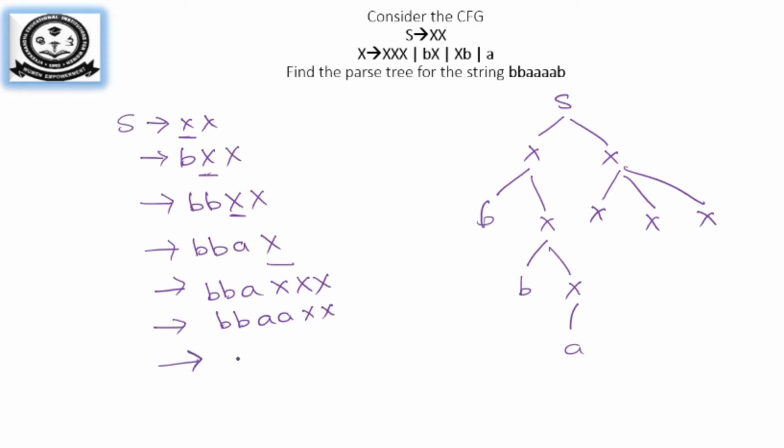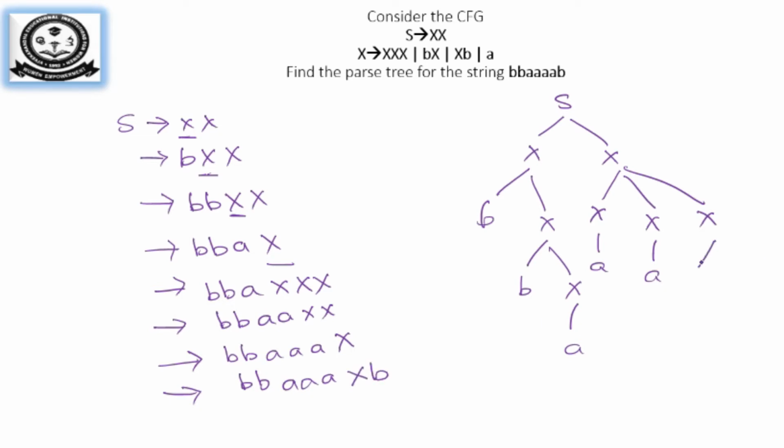Then finally you will have BBAAX. So I will draw A and A. And for the final X, you can see it needs AB. So what I will do is I will substitute XB over here. Okay, so we will substitute XB. So now it will be BBAAXB.